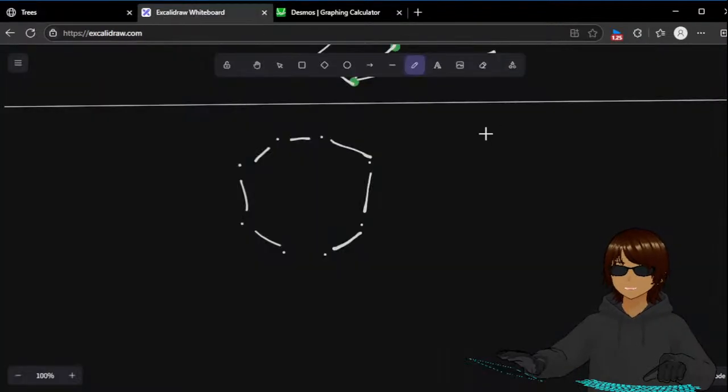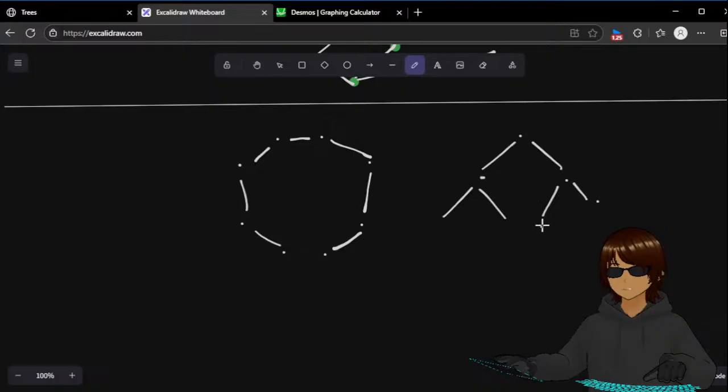So if I have it, I can represent the tree like this. And here, and here, and here, and end. So these vertices over here, this is also a vertex.